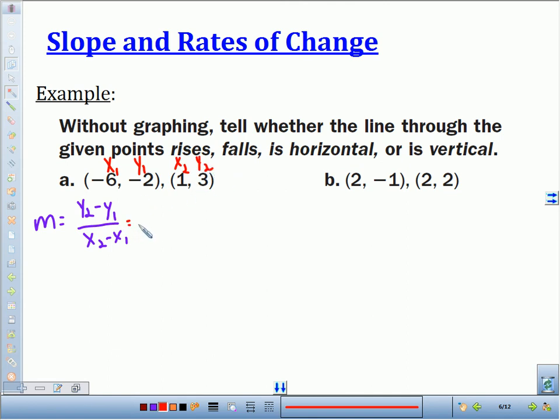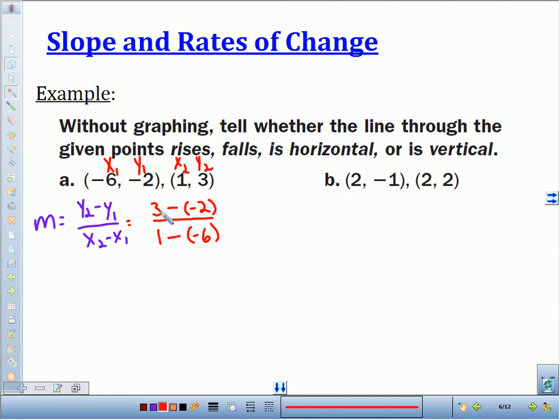So, I have y2, 3, minus y1, negative 2, so 3 minus negative 2, over x2, 1, minus x1, which is negative 6. So 1 minus negative 6.